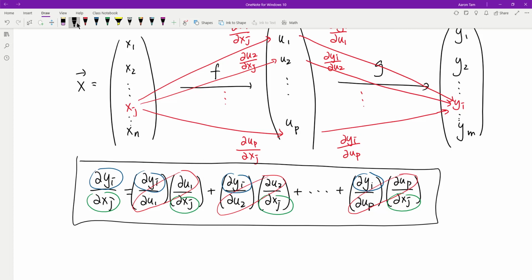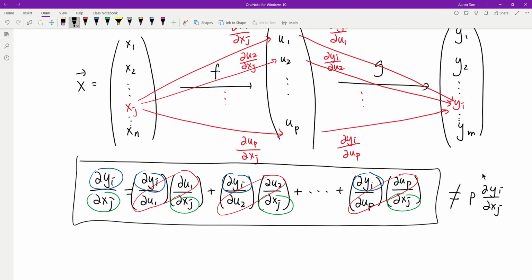They would be thinking, well, wouldn't the first product give me 1 dy sub I over dx sub j, and then I'm adding another product that generates dy sub I over dx sub j, and I continue on doing that. Wouldn't I have multiple dy sub I over dx sub j? As a matter of fact, some students will think, wouldn't that equal p times dy sub I over dx sub j? Because there are p of them, going from u sub 1 to u sub 2 all the way to u sub p.